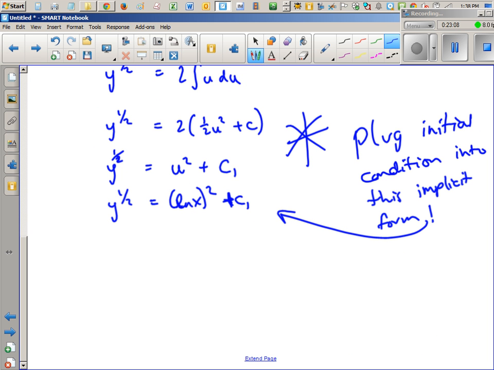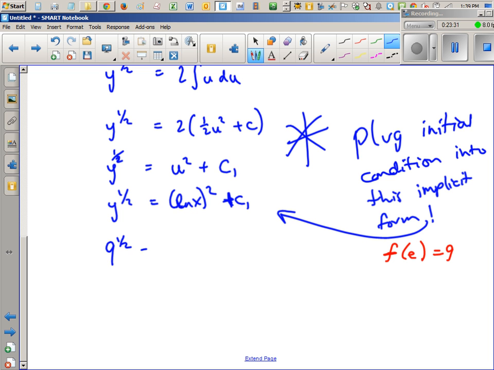Because, I'm going to say it again, if you square both sides, your C1 is going to get stuck inside of a radical, and you're going to have to free it up again later anyway. So I say we should plug in the E and the 9 right now. So remember, the initial condition was f of E is 9, and you guys laughed when I wrote it. Those were the givens. So that means we're going to plug in E for x and 9 for y.